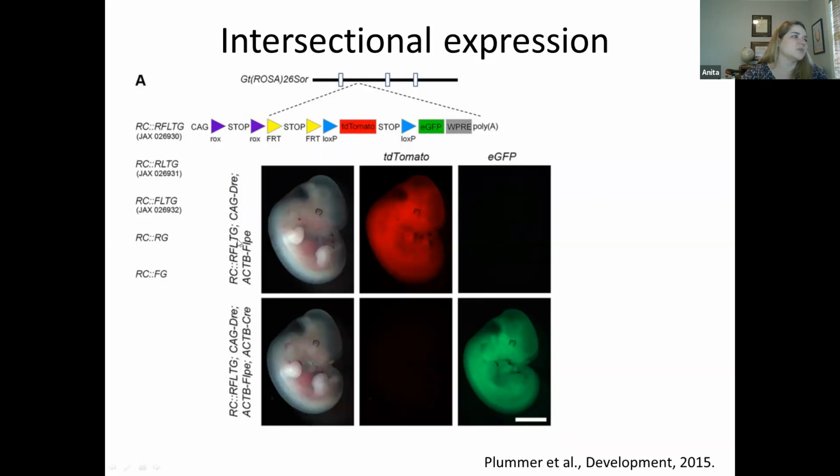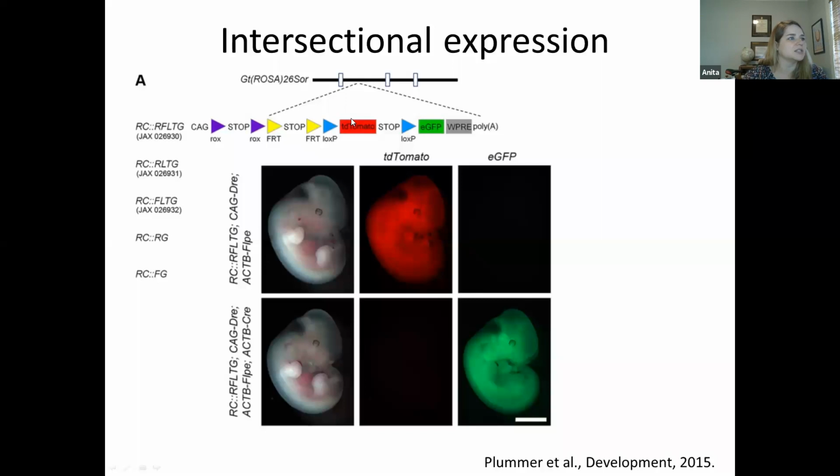This RFLTG. In this line, you have DRE expressed under a ubiquitous promoter, so it's expressed everywhere. And then you have Flp expressed. With the expression of DRE, you get removal of that stop codon, and with Flp expression, you get removal of the next one.